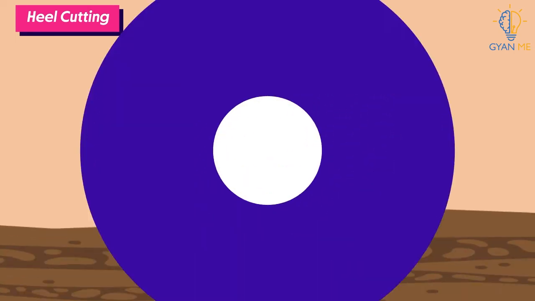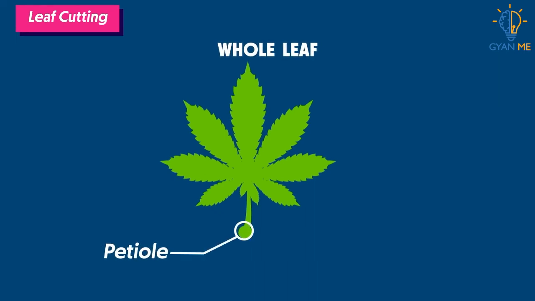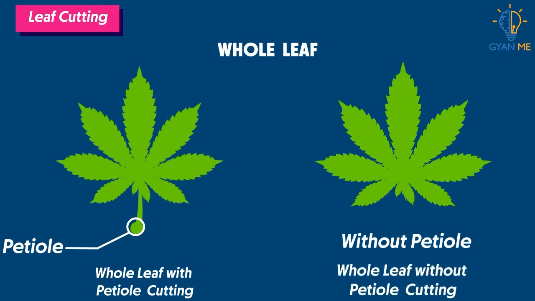Now let's have a look at leaf cuttings. While making them, we can take a whole leaf with a petiole or without a petiole, and hence so called whole leaf with petiole cutting or without petiole cutting.